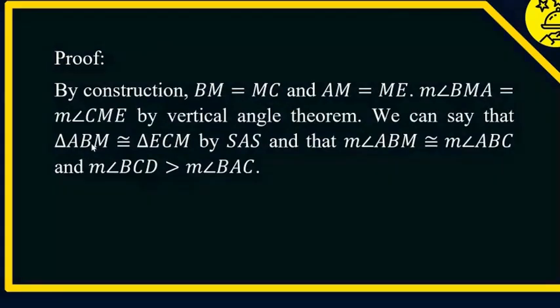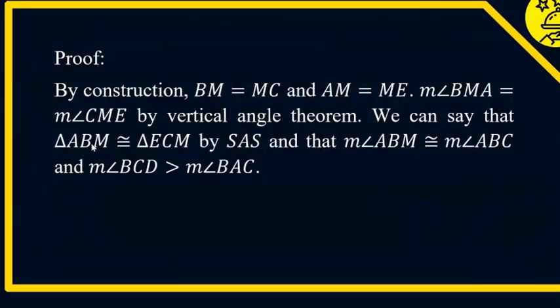Now let us prove. So here is the proof by constructing PM equal to MC and AM equal to ME. We have the measure of angle PMA is equal to the measure of angle CME by the vertical angle theorem.